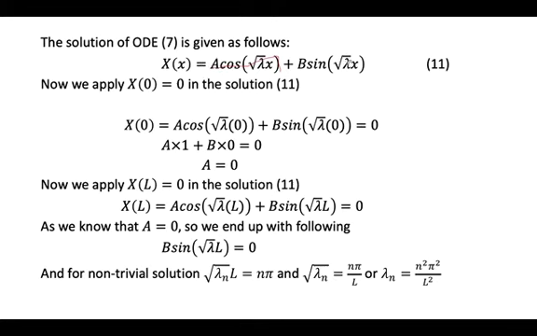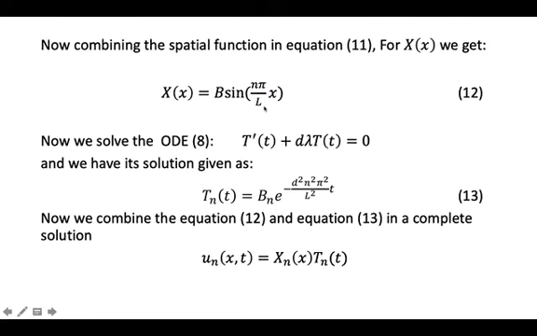So square root lambda L is equal to n pi, so square root lambda equals n pi over L. So we write this here. In the next equation we get X of x is equal to B sine n pi over L x, you can see here.